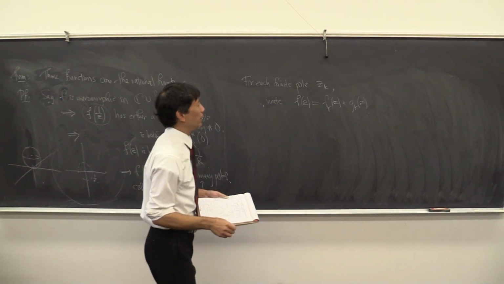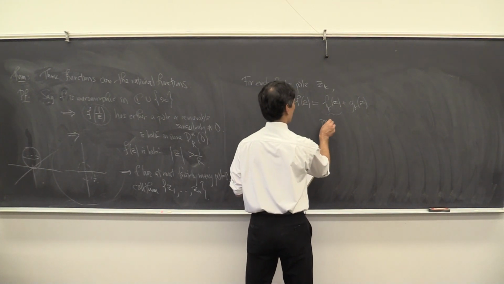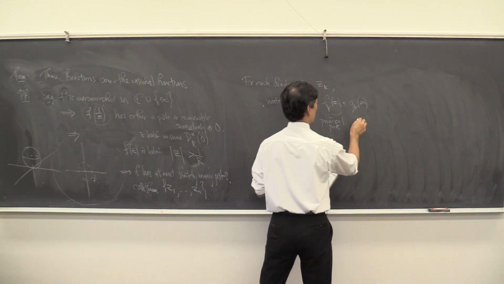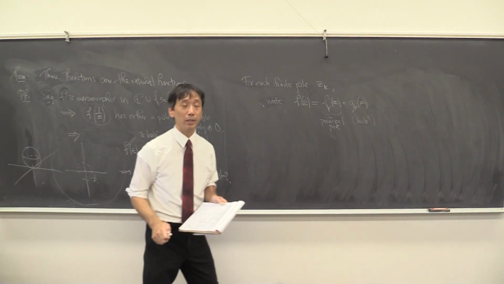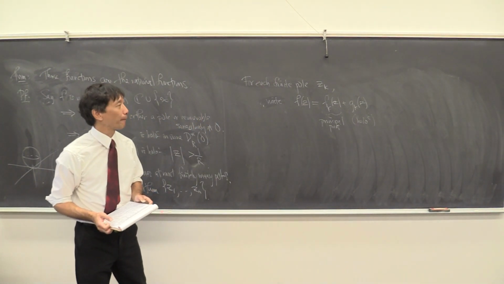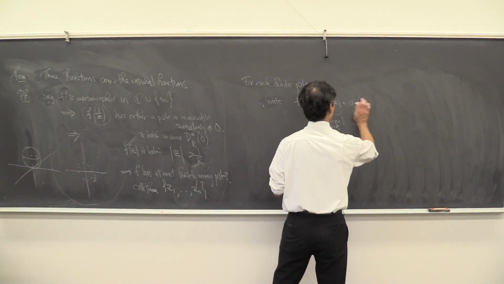Write f of z as these two parts, where this is the principal part, and this is the holomorphic function nearby.